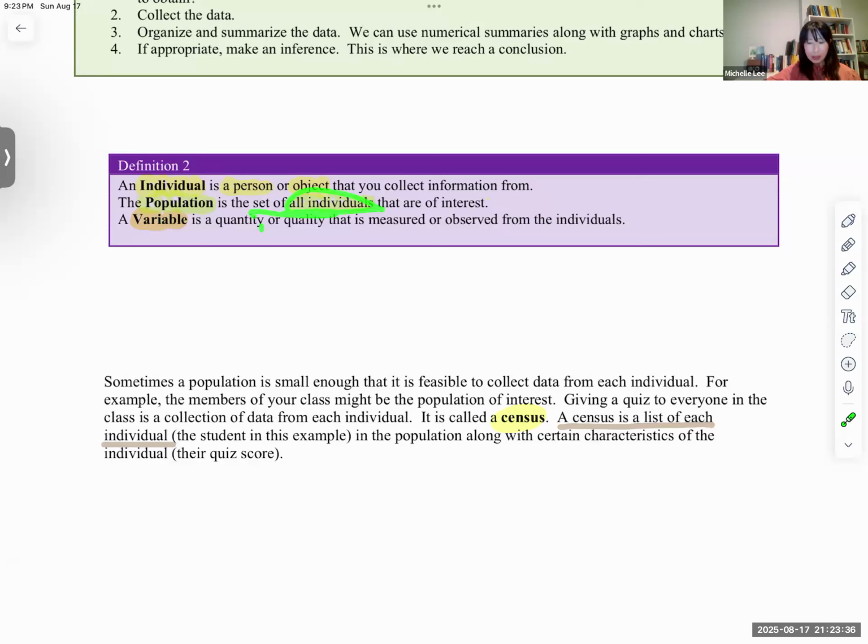So it could be set of all people or all objects, right? So individual is a person, an object, an item, right? And variable, it can be quantitative variable or qualitative variable, right? Okay, which is measured or observed from the individual, right?